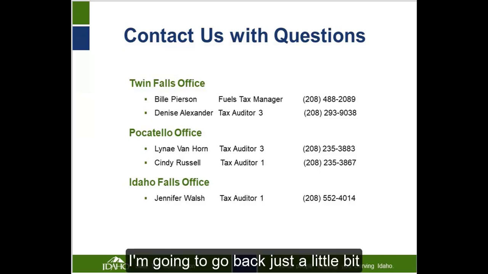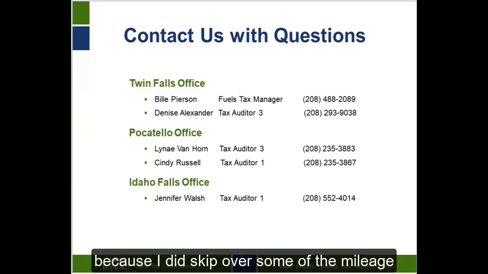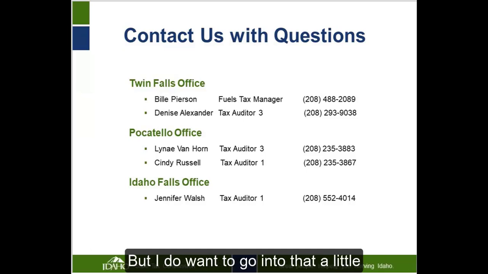I'm going to go back just a little bit because I did skip over some of the mileage requirements. I do want to go into that in a little bit more detail. So the mileage records that we want to look at in an audit situation need to have the unit number or vehicle identification number. They need to have the date that the trip started and ended. They need to have the trip origin and destination, so that's city and jurisdiction.